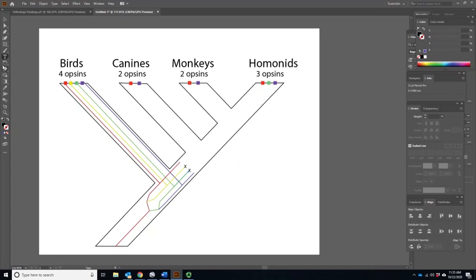Okay, so we then have the continuation of these guys. To account for, I'm going to have to change just the angle there a little bit.